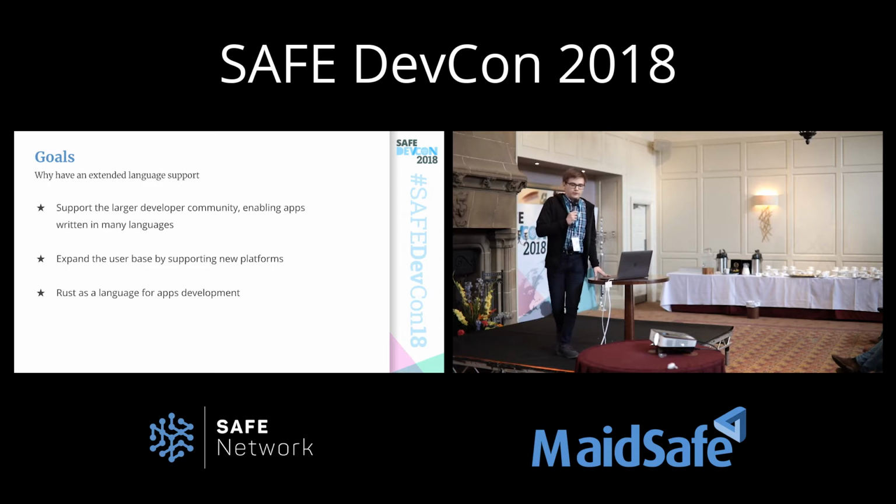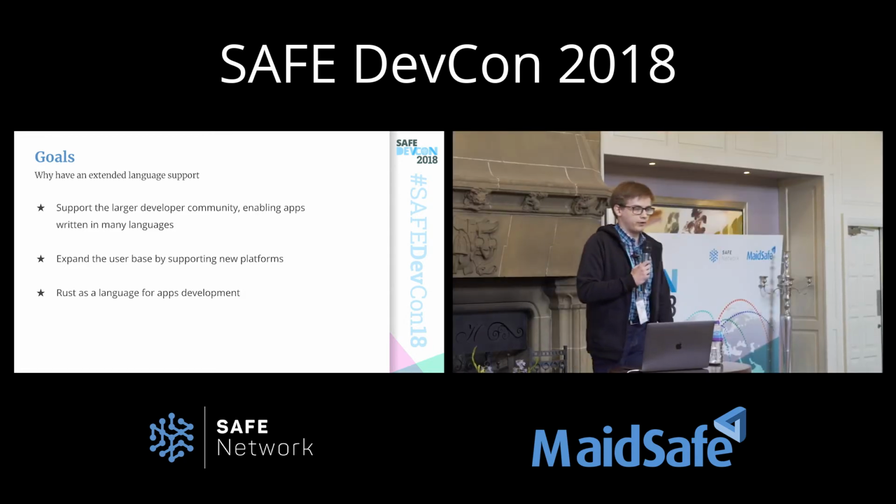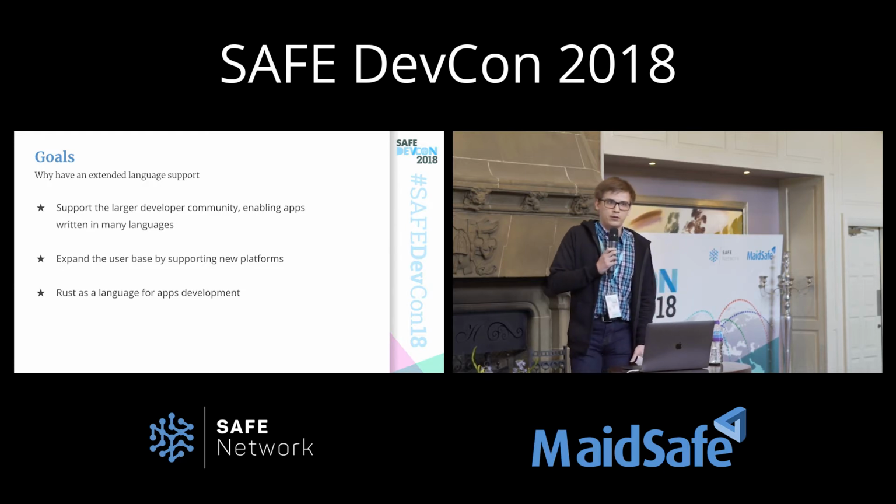And one of the most important points I want to bring up is that, of course, we also want to continue supporting Rust as a language for apps development, because currently there is not a lot of documentation for developing apps in Rust, and coming forward we want to write new tutorials.